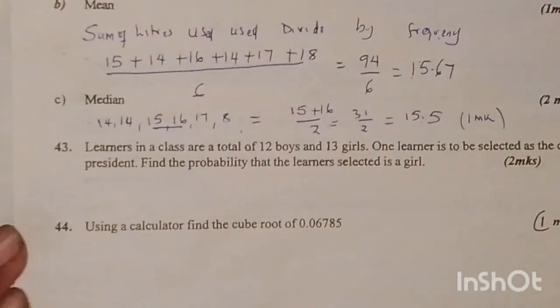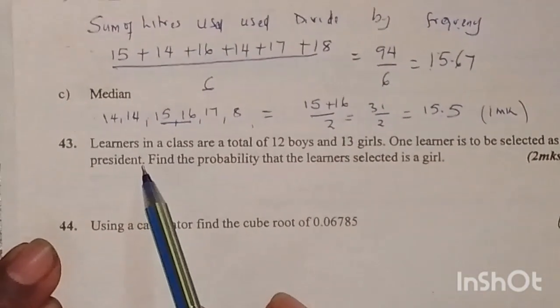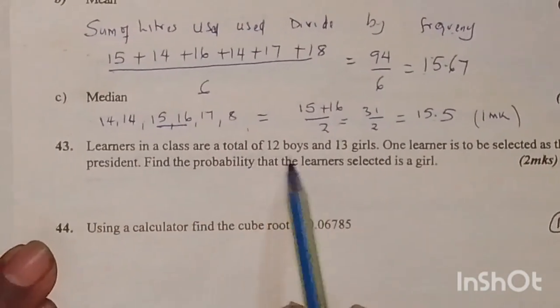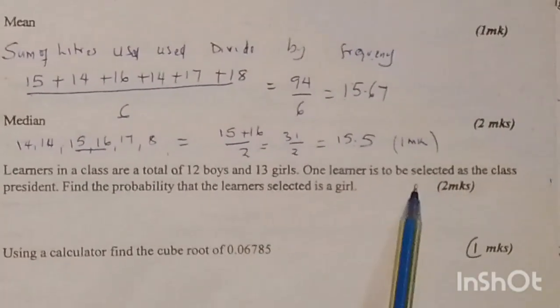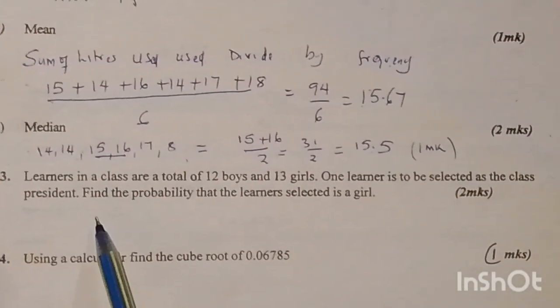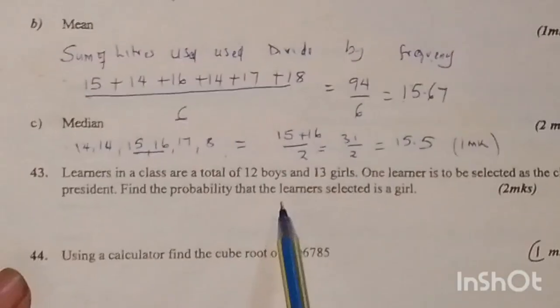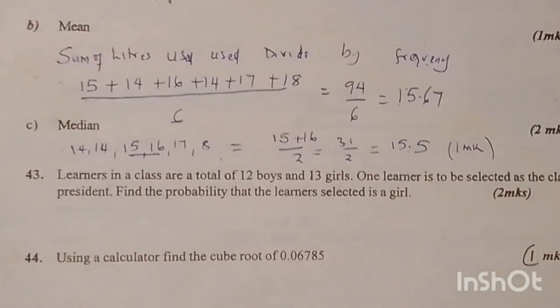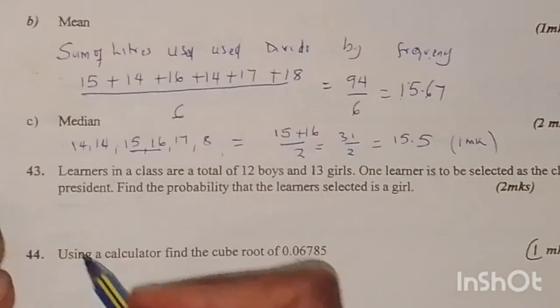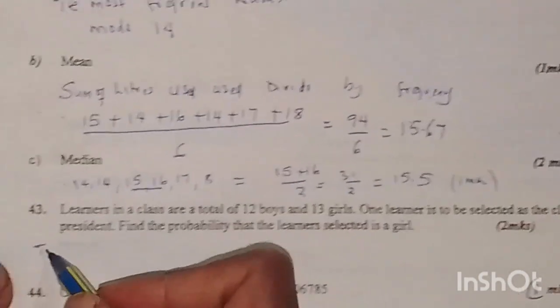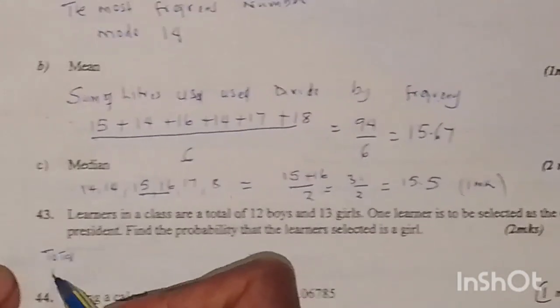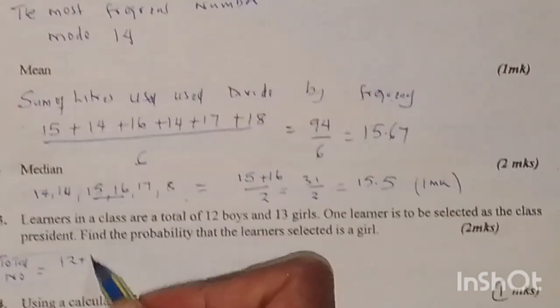Question number 43. Learners in a class are a total of 12 boys and 13 girls. One learner is to be selected as the class president. Find the probability that the learner selected is a girl. To find the solution, we first find the total number of students. The total number of students shall be 12 plus 13.